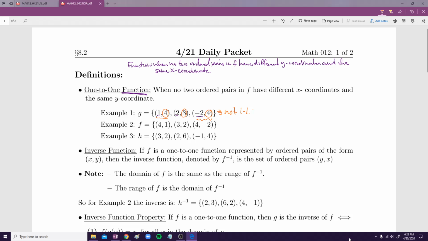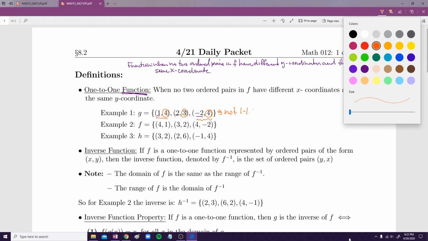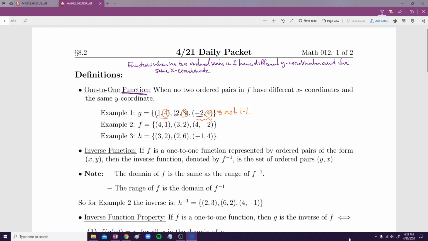All right? So the next example, we have to do the same thing. We have to check to see, is this even a function? So look at this. I have 4, 3, 4. Since this 4 repeats and this 4 repeats, now I have to see, are the corresponding y's the same or are they different?